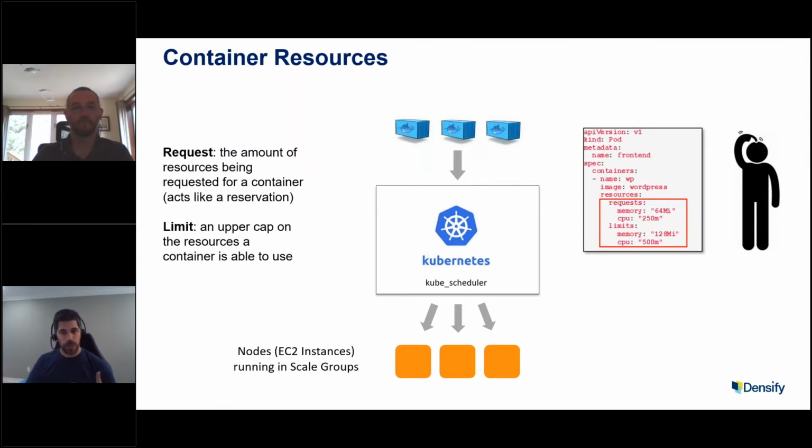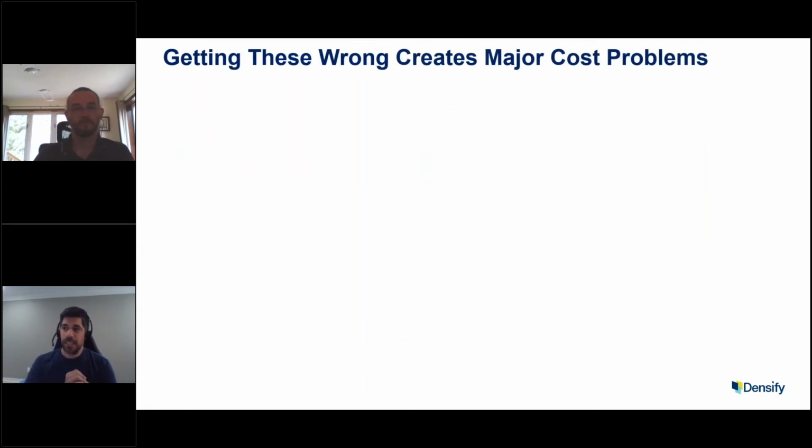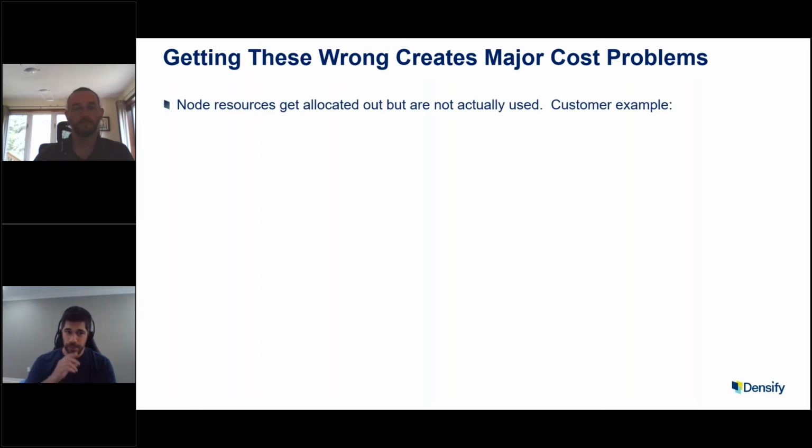So I'd probably err on the side of making it a little bit higher. Let's give it a little bit more resources. And this is what we see out there: things are typically a little oversized to reduce any issues that we might have. But not getting these right can create some major problems, specifically around costs.